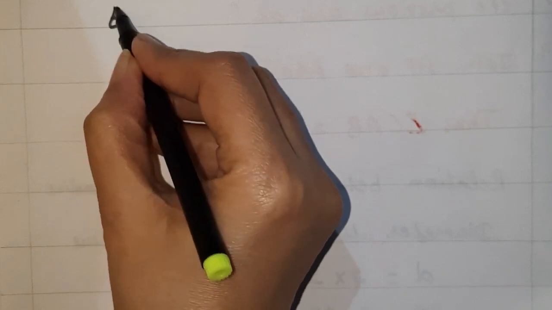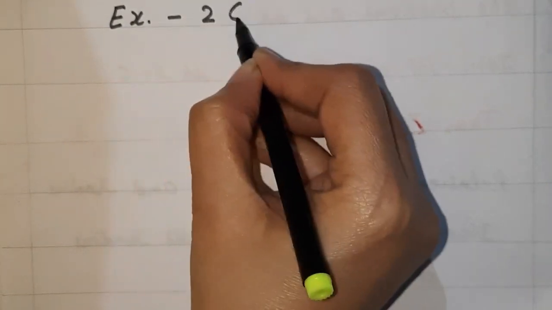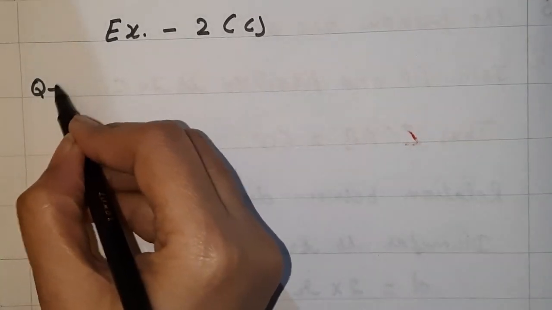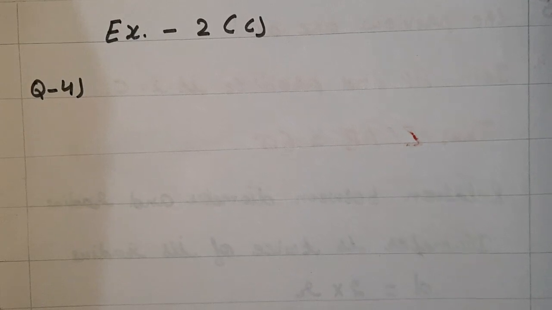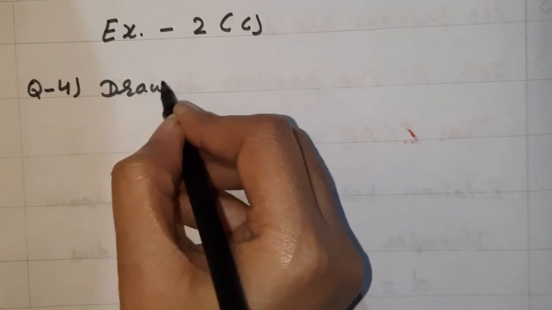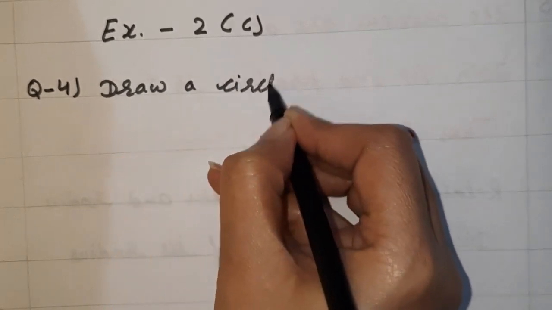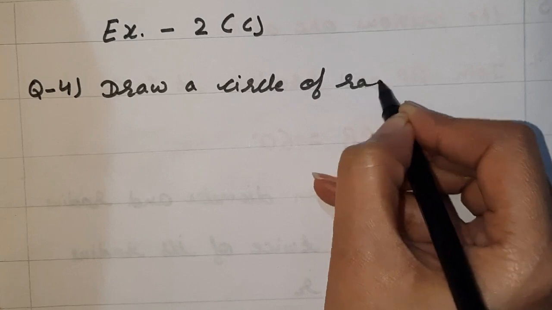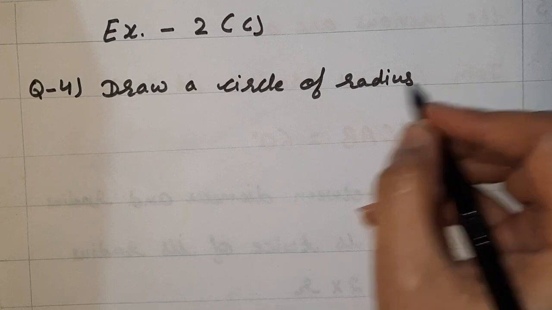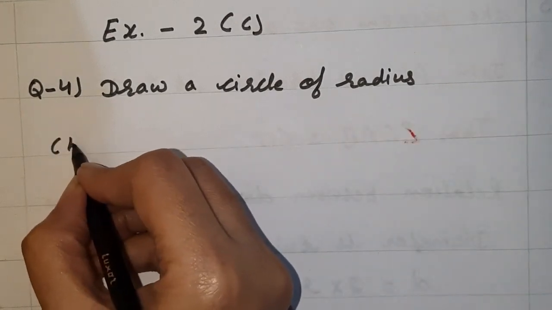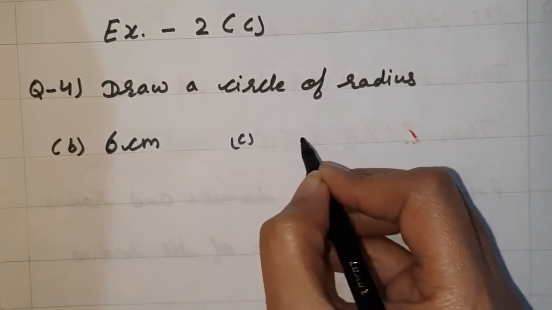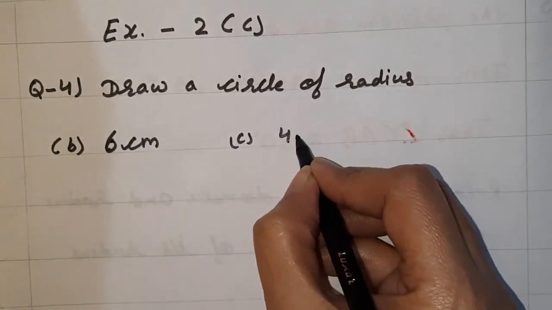Now we will move to exercise 2C, question number 4. Draw a circle of radius: B part is 6 centimeter and C part is 4.5 centimeter.